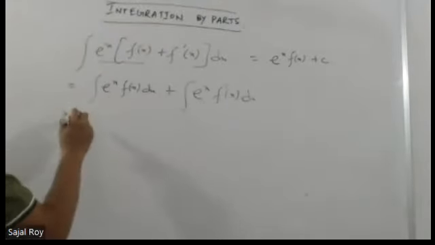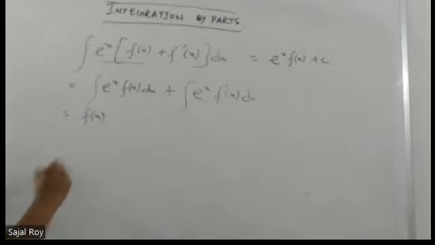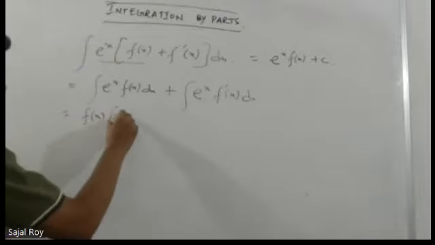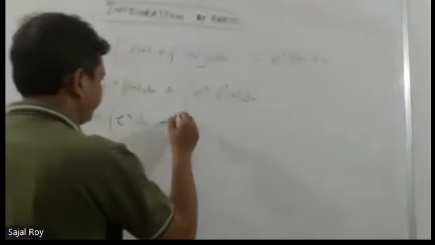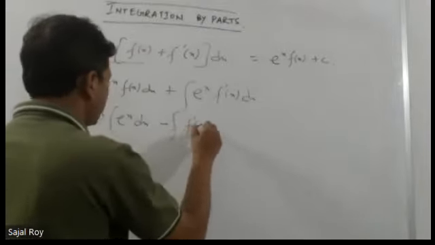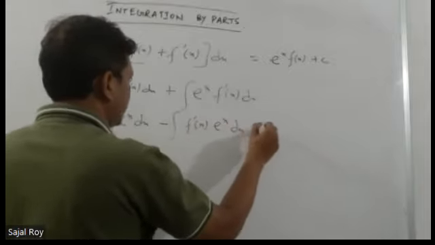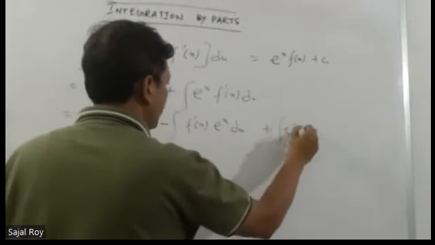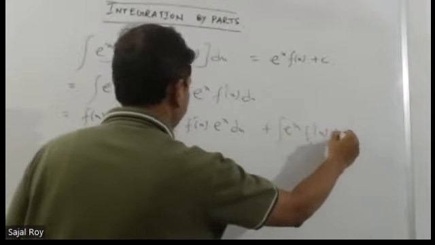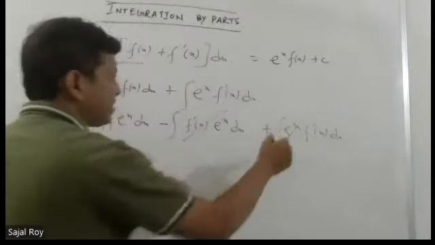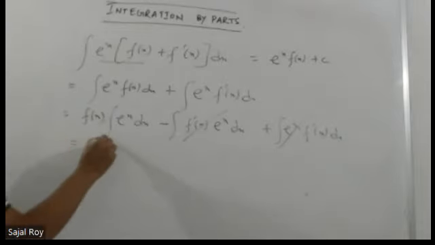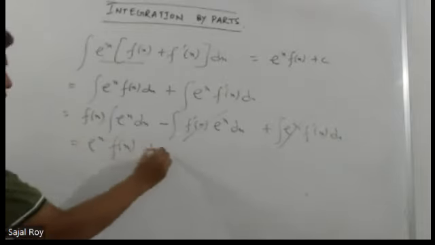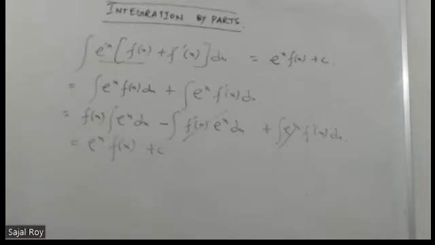So let me write f x as the first function, exponential as the second function, minus integral of f dash x into e to the power x dx, plus e to the power x f dash x dx. You look at that, this is cancelled, and you have the result.